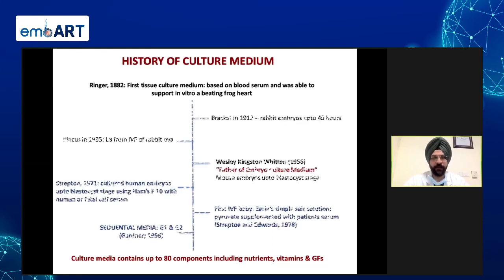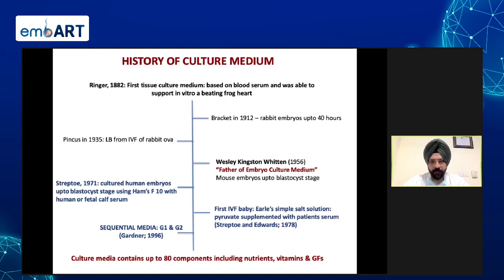The journey has been very complicated, and a lot of people have put in a huge effort. I'll just touch upon the key developments. In 1956, Whitten, who is known as the father of embryo culture media, developed a media which could support mouse embryos up to the blastocyst stage. In 1971, human embryos were cultured up to the blastocyst stage using Ham's F10 media with human or fetal calf serum.